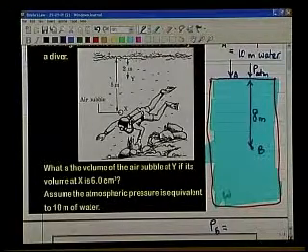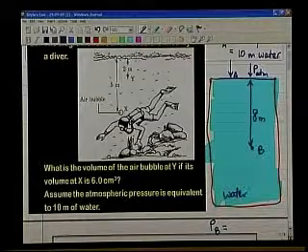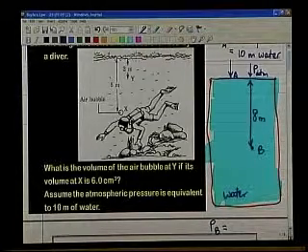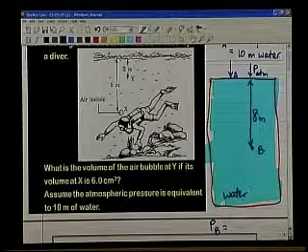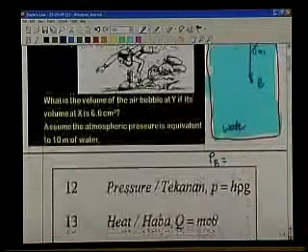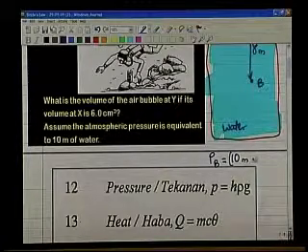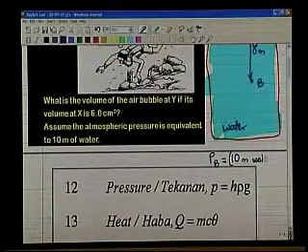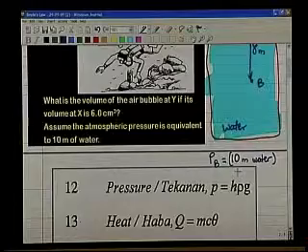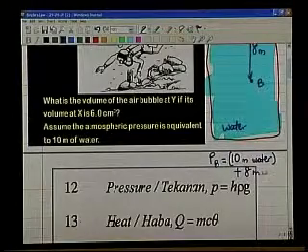So it is atmospheric pressure plus 8 meters of water. So what is the value? It is 10 meters of water, plus 8 meters of water.